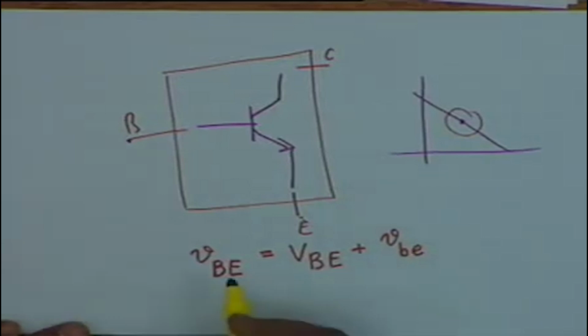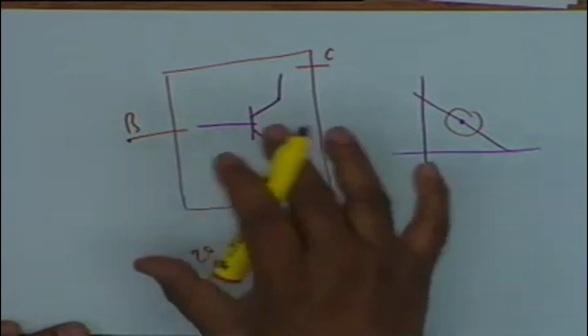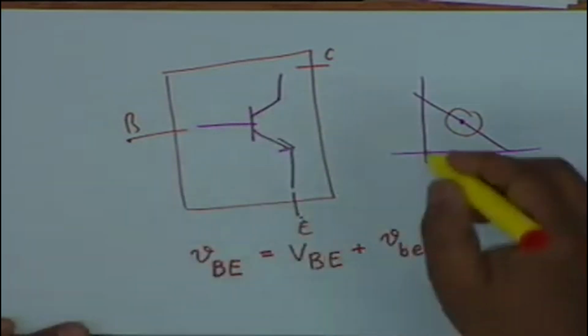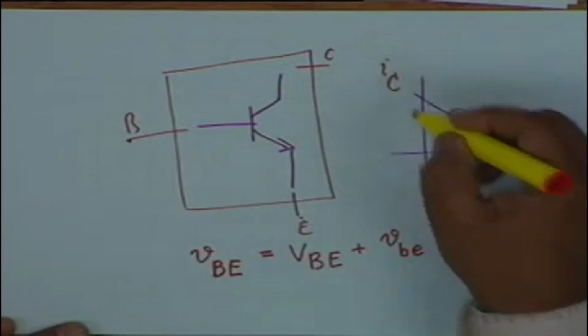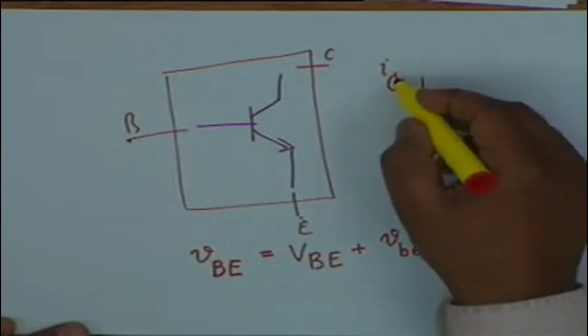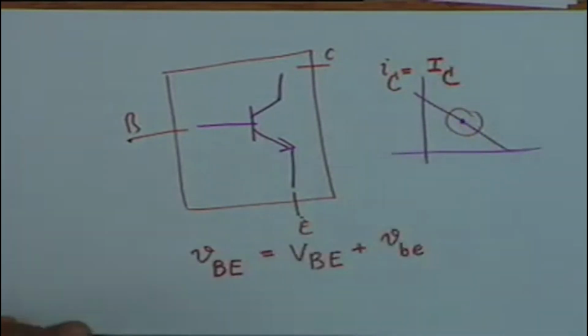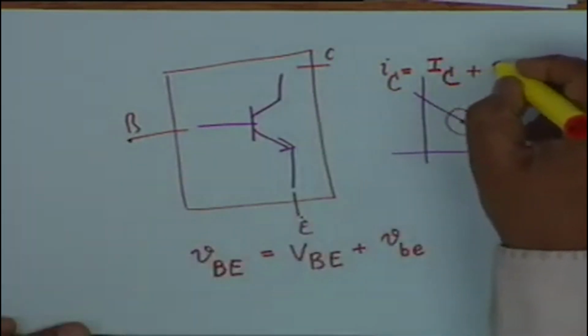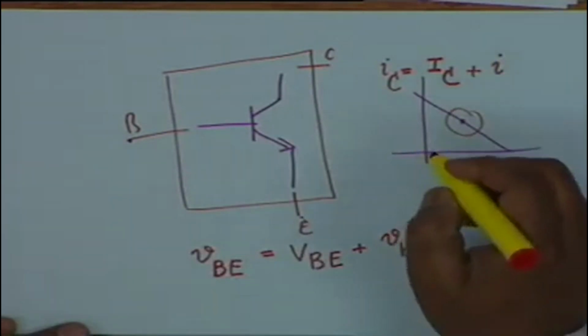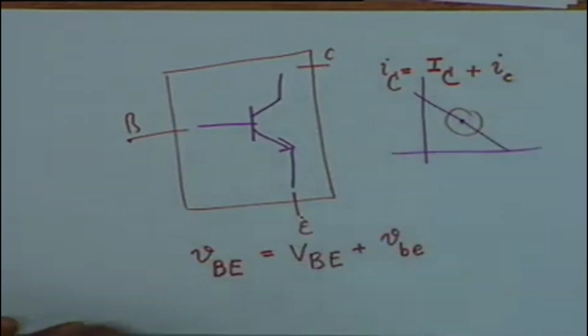This is the way we are going to represent every quantity. The total collector current, for example, is small i subscript capital C, equal to capital I sub capital C, the DC value, plus the incremental value, which we shall represent by small i subscript small c. This is true for all such currents and voltages.